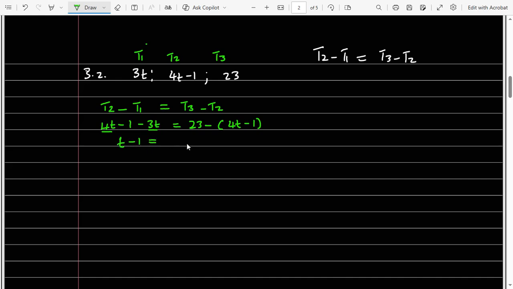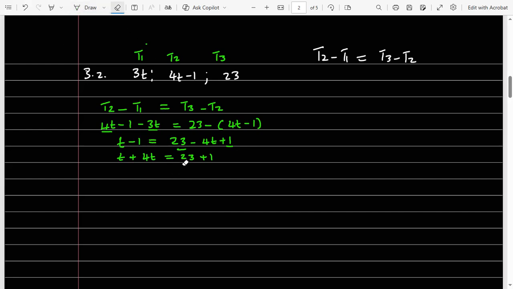And on the other side, we're going to have 23 minus 4t plus 1 if we multiply out the bracket by the negative. So I'm going to group the like terms: bring the minus 4t this side to be positive 4t, and then let's equate this to 23, bring the 1 this side to be plus 1. So this should be 23 plus that 1, which is 24.